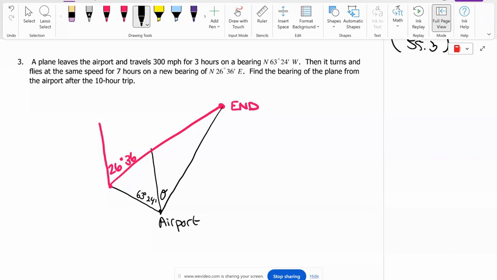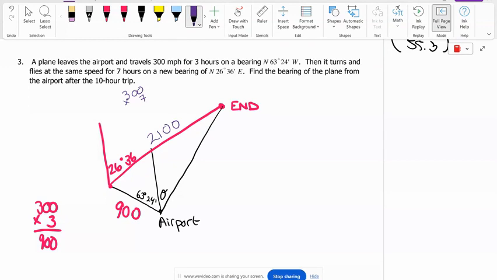How will I figure out how many miles I traveled during that time? Multiply. So we're 300 times 3, which is 900. And then on this end over here, we're going to do 300 times 7, which is 2100.